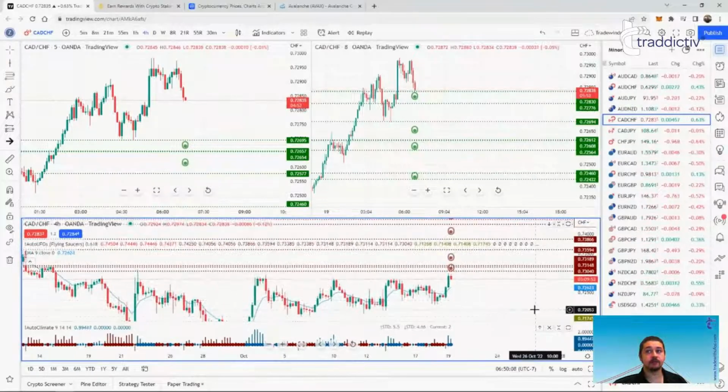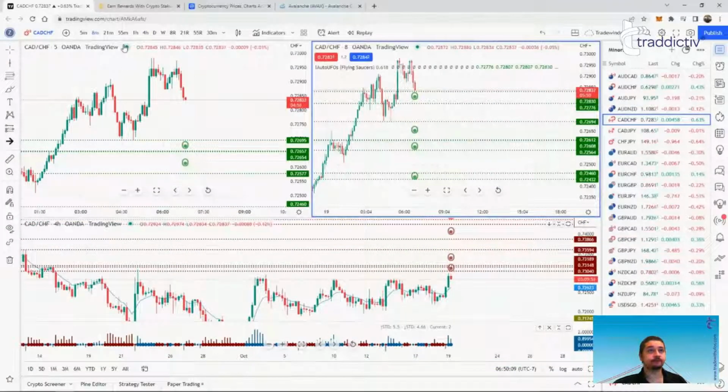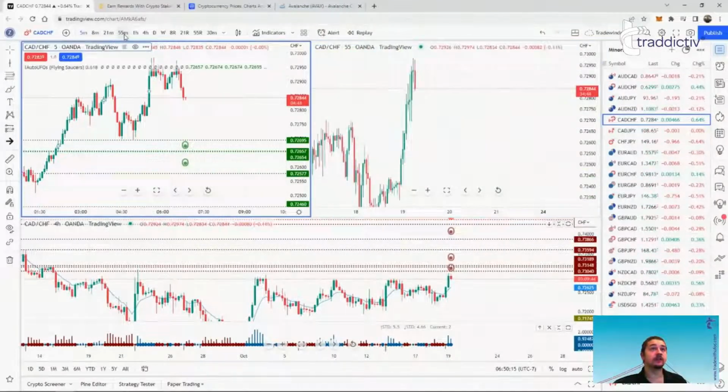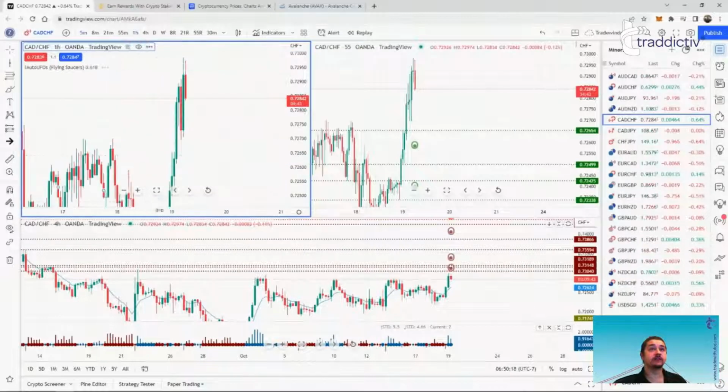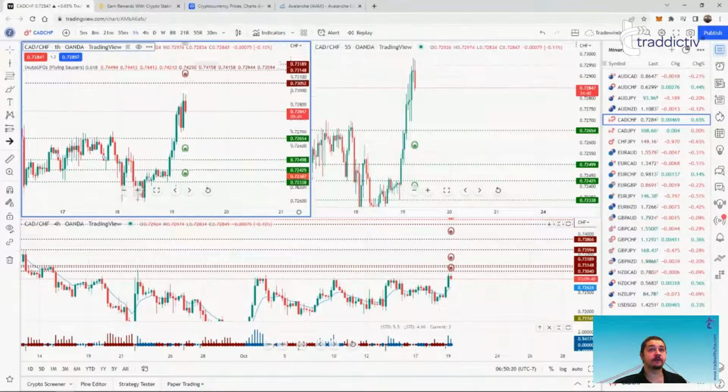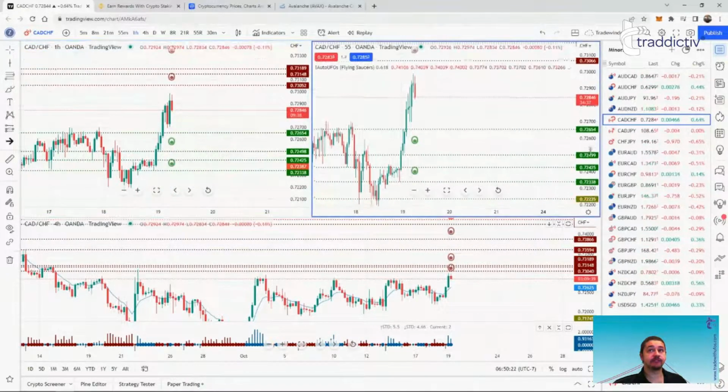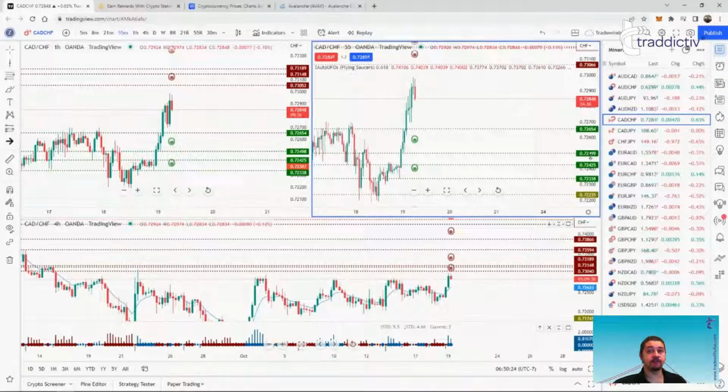So confirmed on the 4-hour. Let's see if we have something on the 4-hour itself. Okay, pushing down fairly hard. 72.62 is the moving average, and 72.62 is within this UFO here. Therefore, we do have a trade.